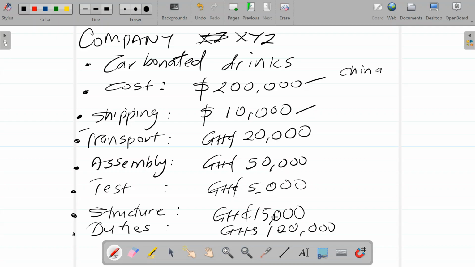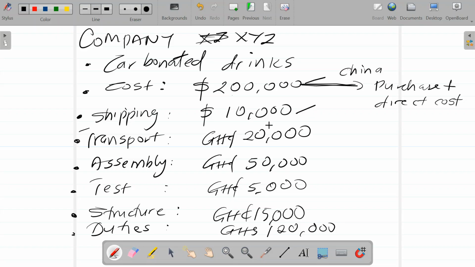What is the cost of the machine? According to IAS 16, the cost of the machine is the purchase price plus all direct costs. Any cost you incurred because of the machine. If not because of the machine, you wouldn't have incurred those costs.